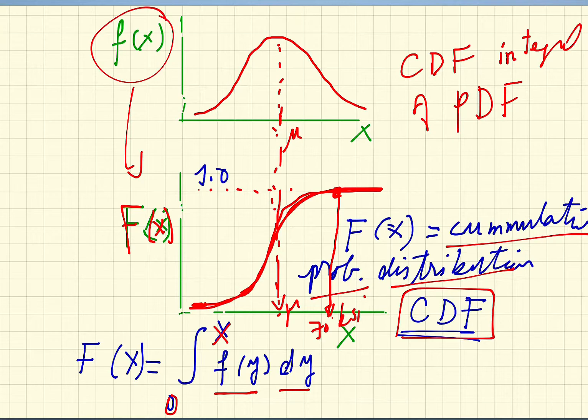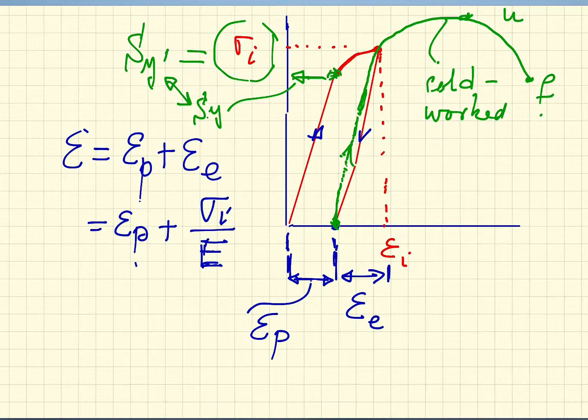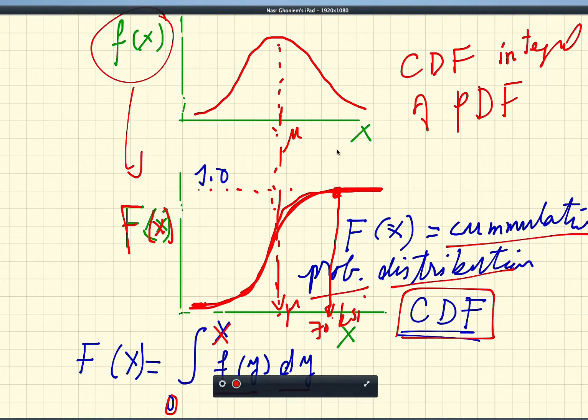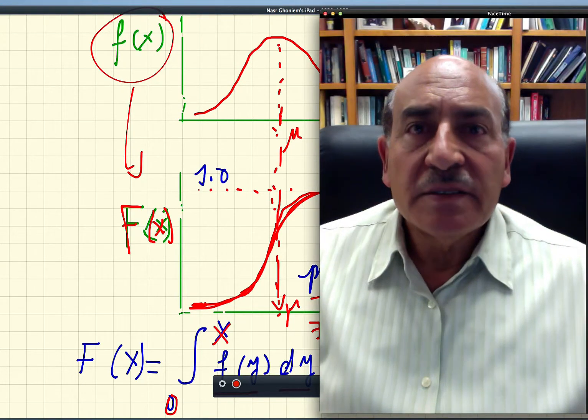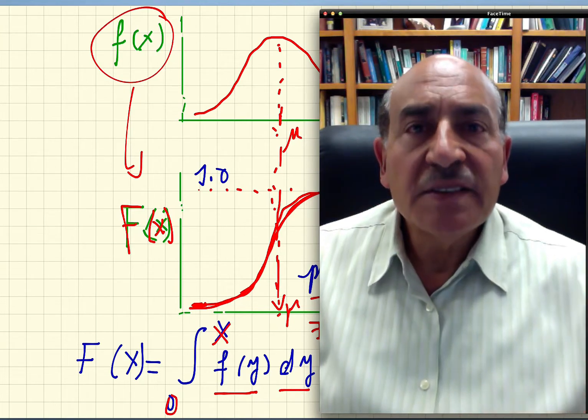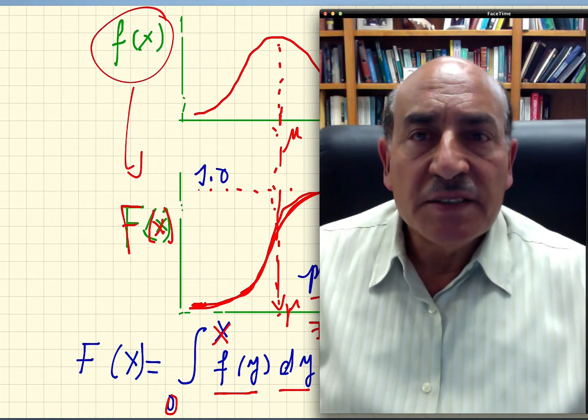So it will be the cumulative distribution function. And then we can now describe the distribution function by either the PDF or the CDF. Usually it is the PDF, and then by the integration we obtain the CDF.